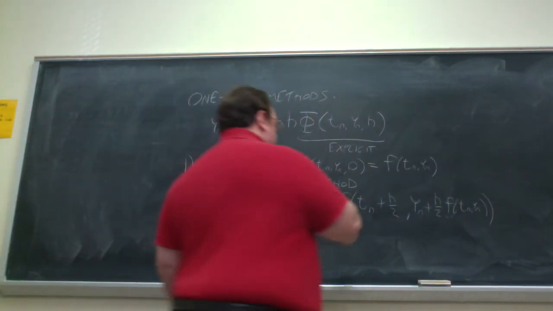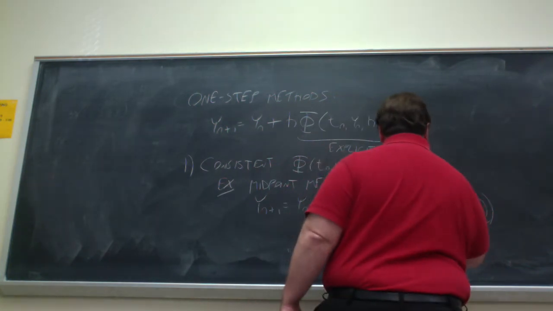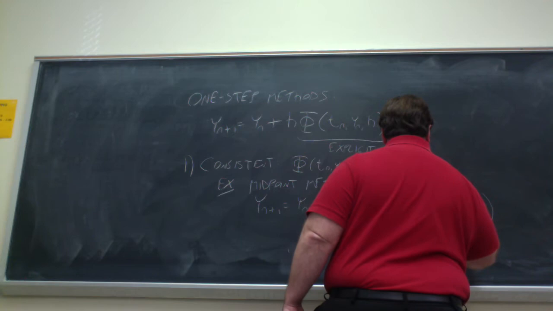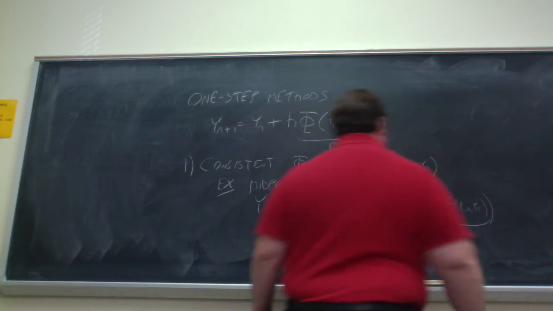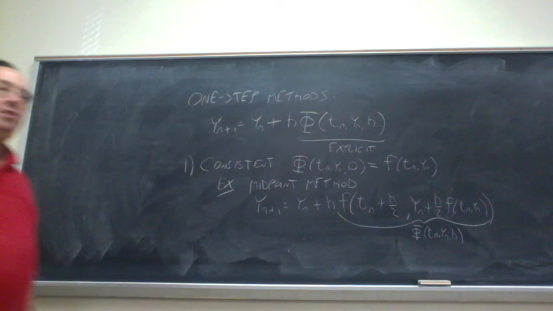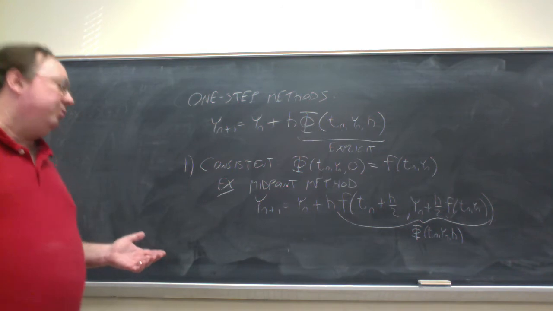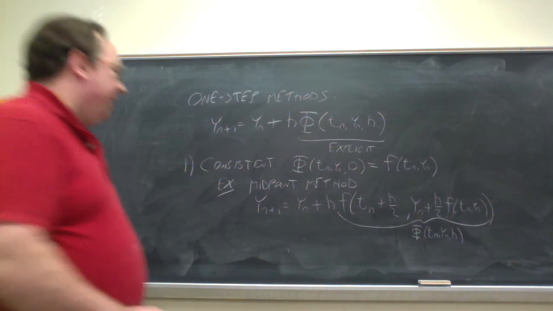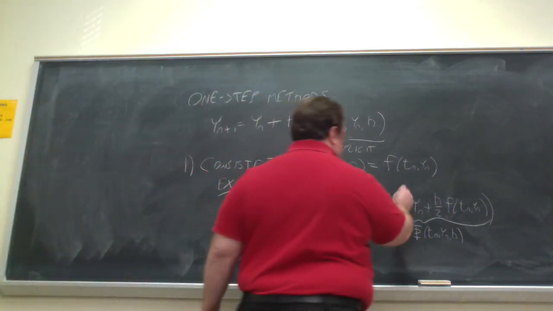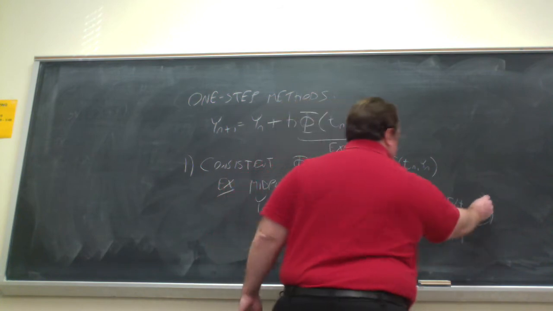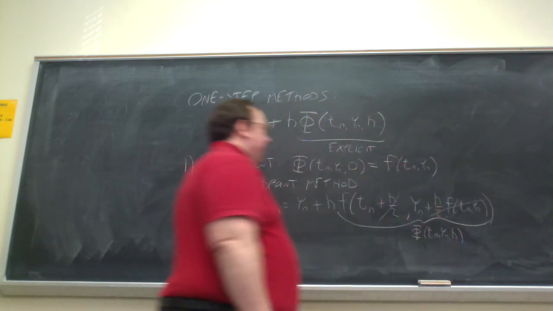So this whole invocation of f is phi of tn, yn, and h. What you do is plug in h equals 0. That will go away, and then all that will go away.